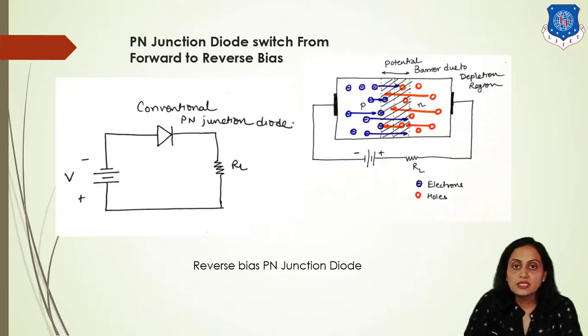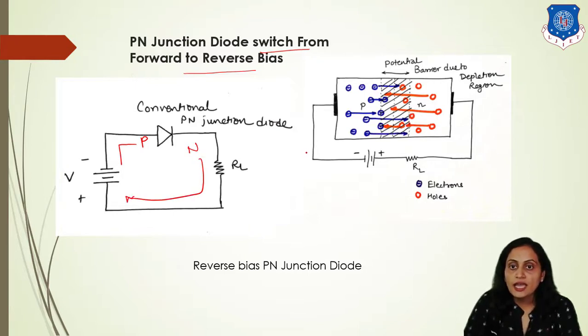So what happens? The PN junction diode switches from forward bias to reverse bias. You can see initially the PN junction diode was connected in forward bias, and now we have connected the P side to negative and the N side to positive. That means we have reverse biased this diode. And due to this reverse bias, what happens?